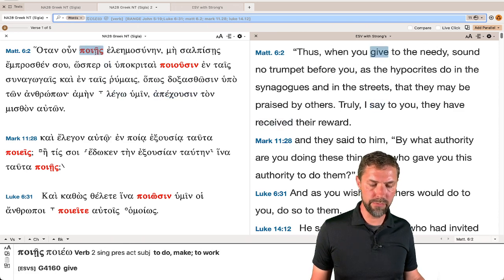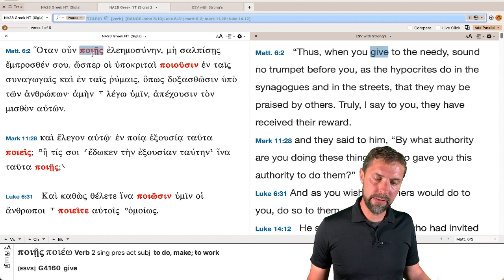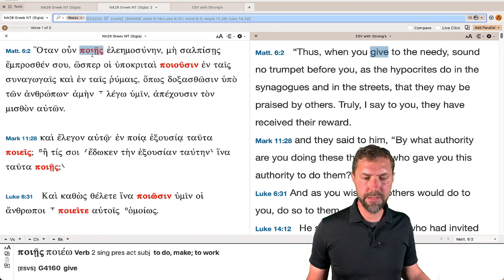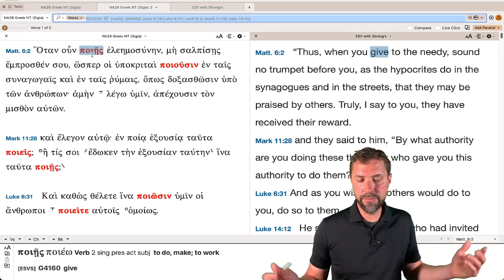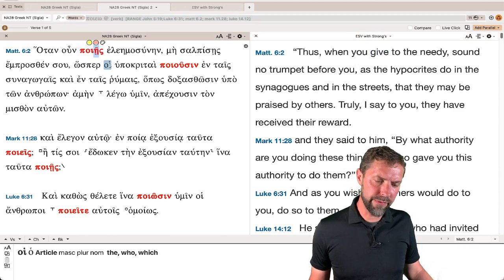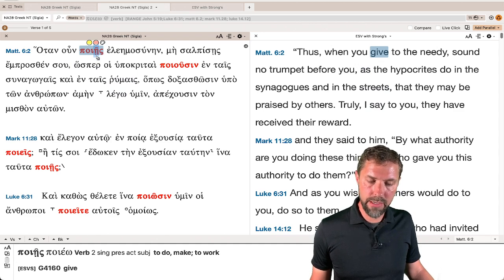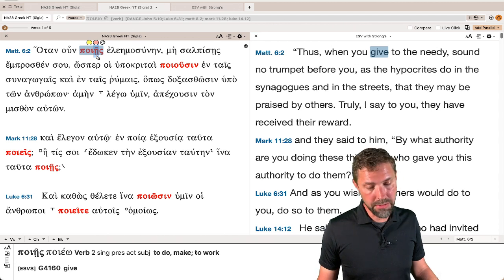If I'm looking here at this form, poiēs, if I didn't know how these contract verbs go, I would probably take this as a present active indicative, second person singular, and anyway, I might just be confused and not know. The fact that this vowel right here is lengthened, that it's an eta rather than an epsilon iota, that's telling me something else is going on here. And what's going on here is that this is actually a subjunctive.